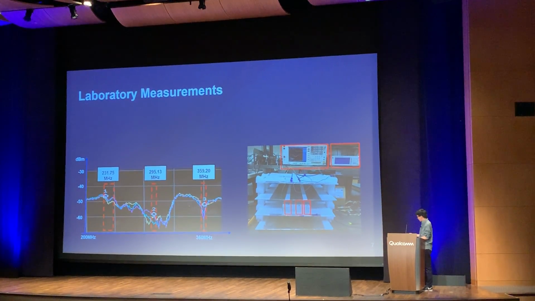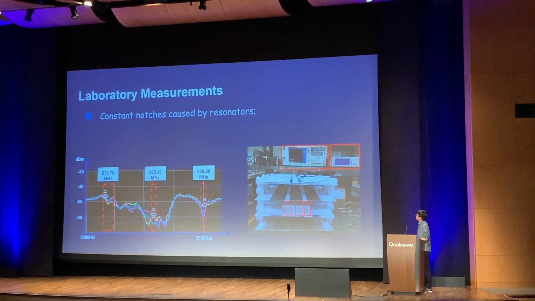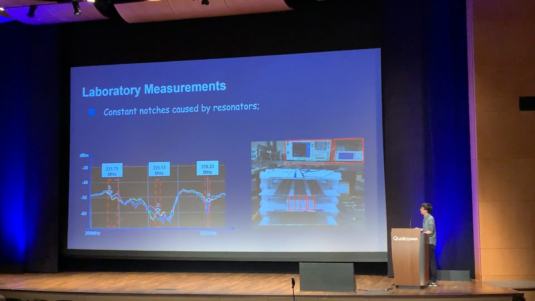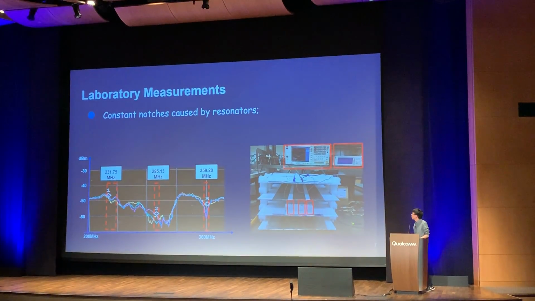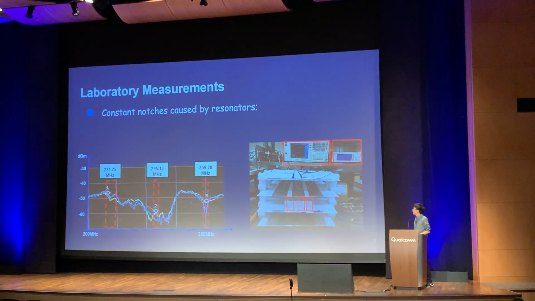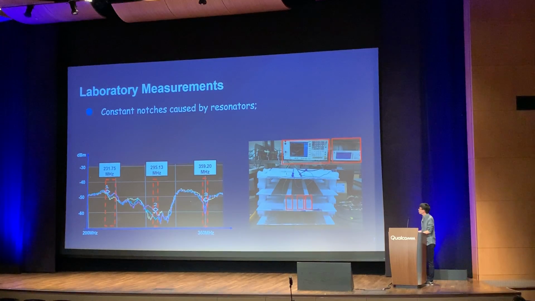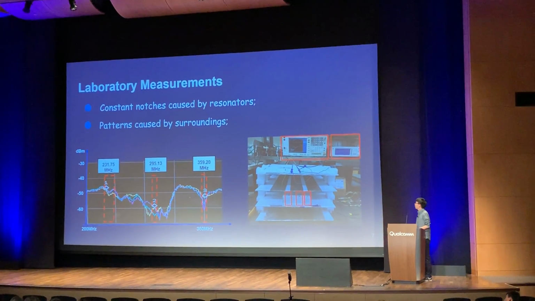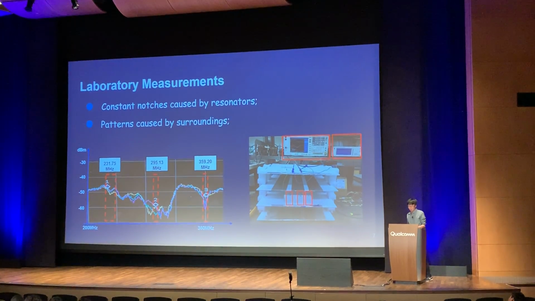Another interesting fact is that if we observe the other regions, there are some discrepancies among the three traces. So we can utilize these features to detect what happened in the environment. That's called surrounding sensing.